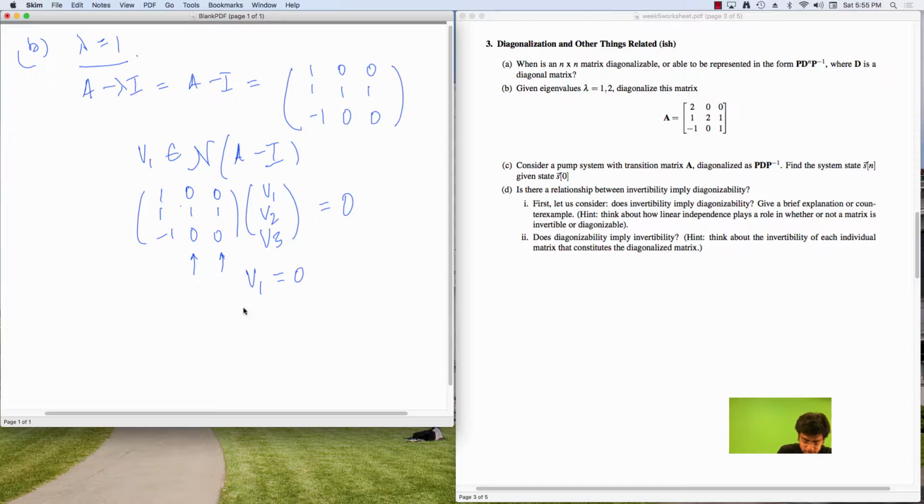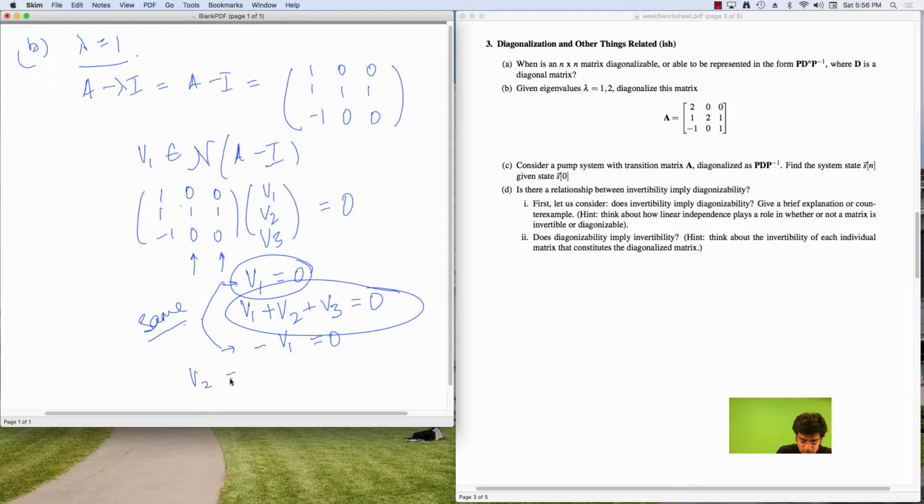The next one gives us v1 plus v2 plus v3 equals 0. And the last one gives us negative v1 equals 0. Now, clearly this one and this one are the same. So really, we have one equation which says v1 is 0, and then another which says that the sum is 0. So we have one free variable, so let's fix it.